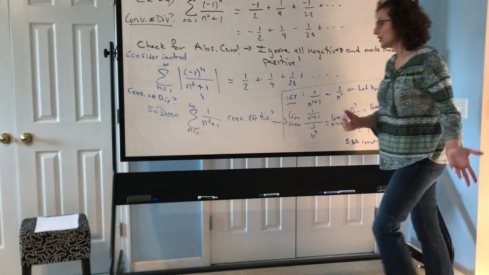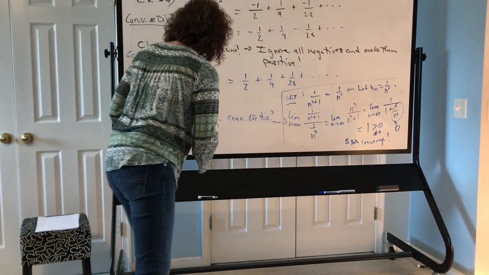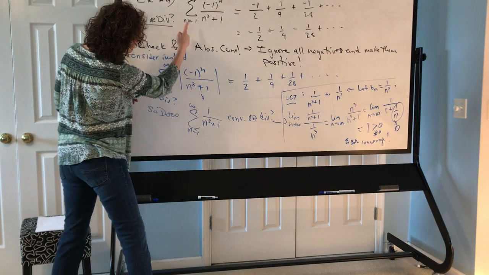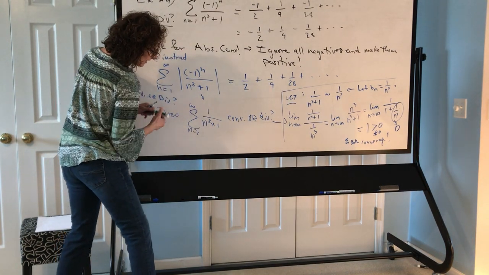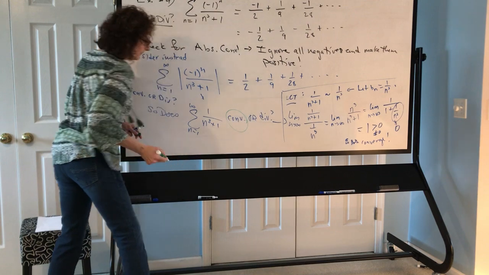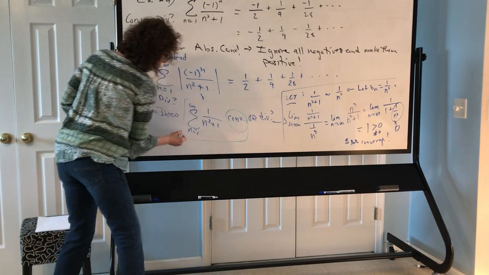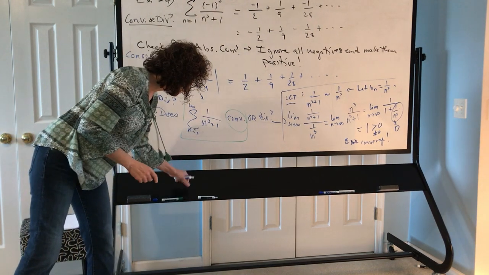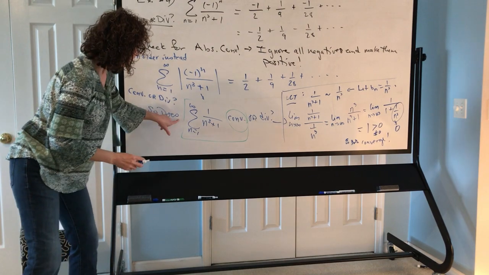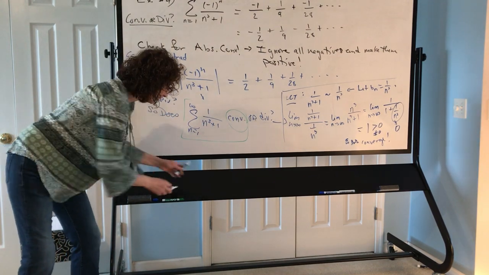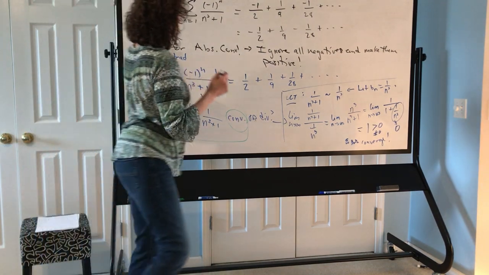So what did we just now show? We showed that if we ignore the negatives and think about the positive guy, this guy converges. So since that converges, the series of absolute values converges. What do we say up here?